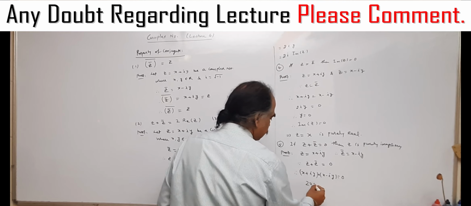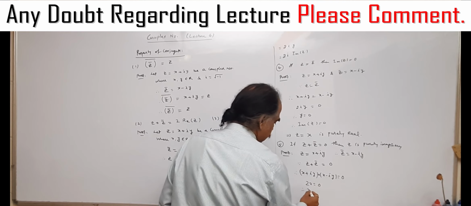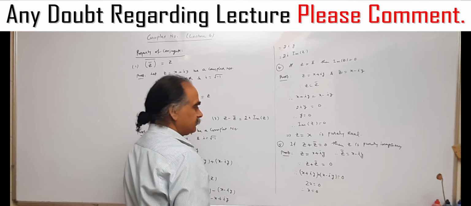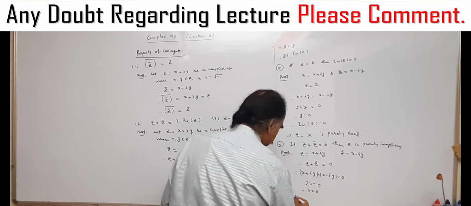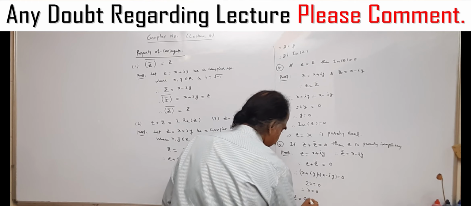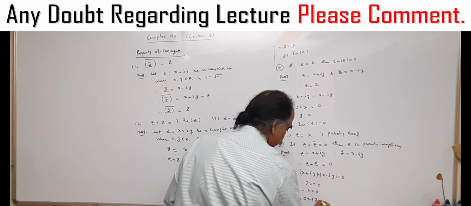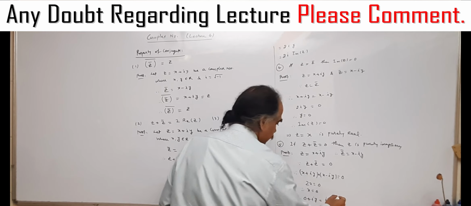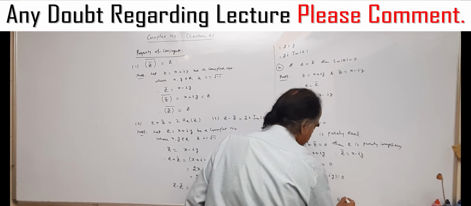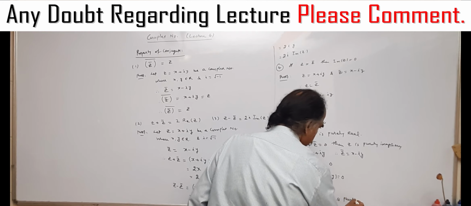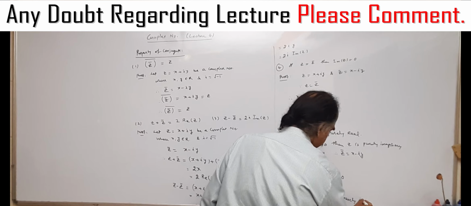So 2x is 0, so x will be 0. x is 0, so z will become 0 plus iy, which is purely imaginary.